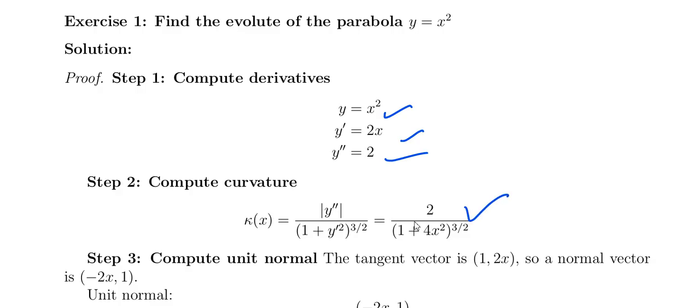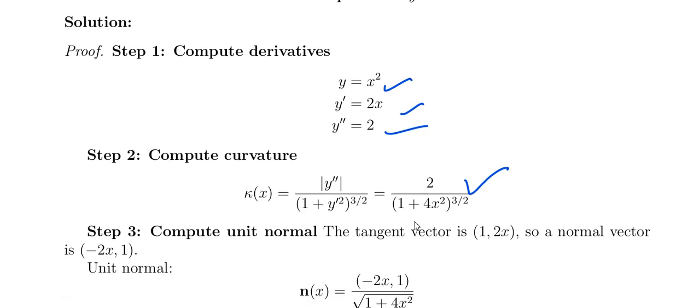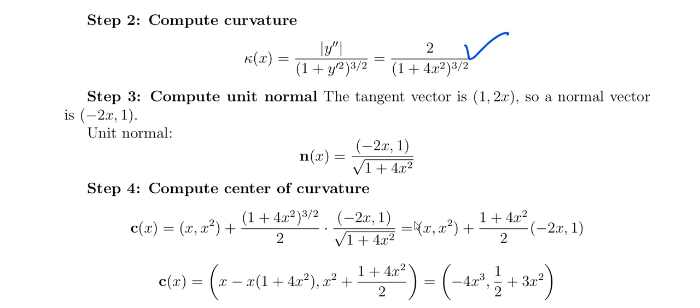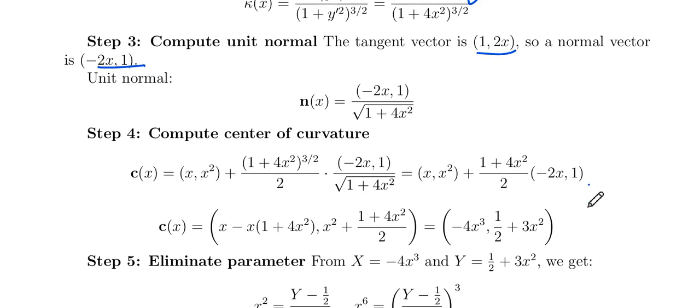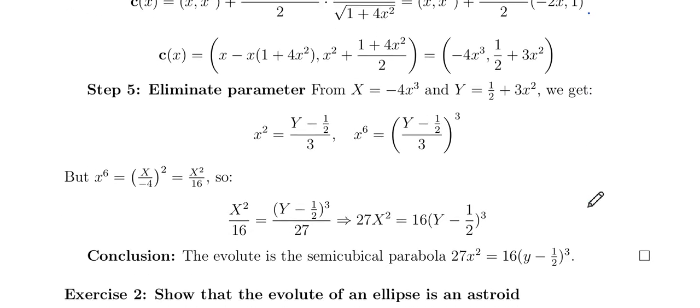For the unit normal, the tangent vector is 1 comma 2x, the normal vector is minus 2x comma 1, and the unit normal is the normal vector divided by root of 1 plus 4x square, that is, a vector divided by its modulus. And the center of curvature we can find the same way, just using the formula.